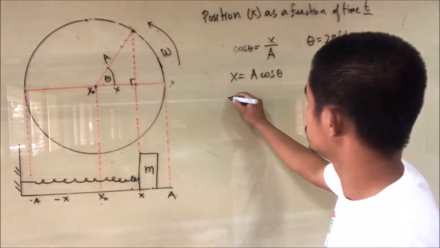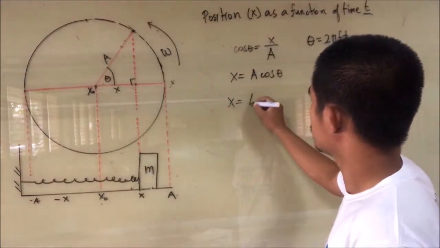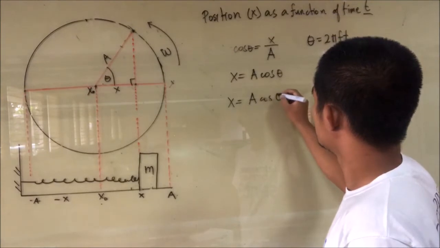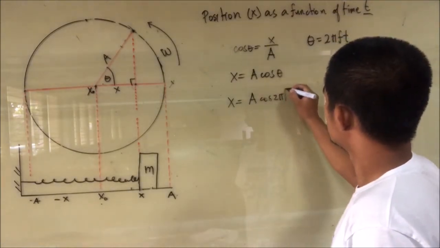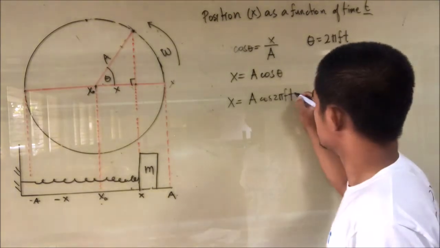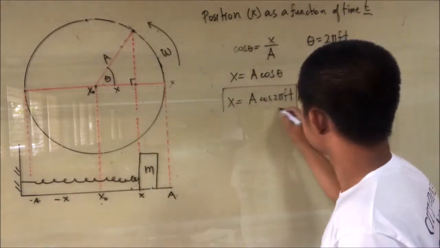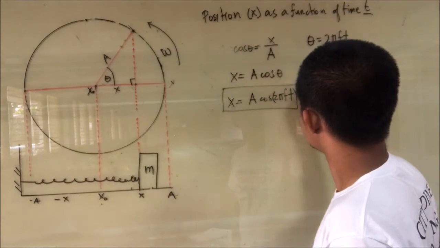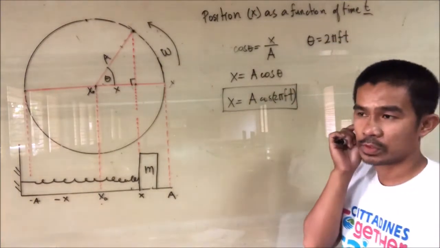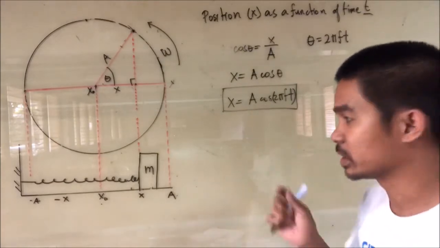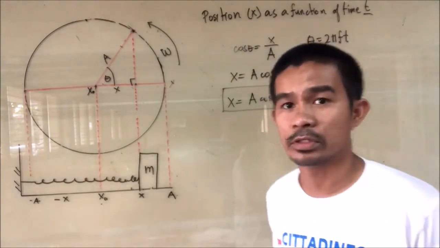So the position x equals A cosine 2 pi f t. And then what will be the position of the object moving in simple harmonic motion?